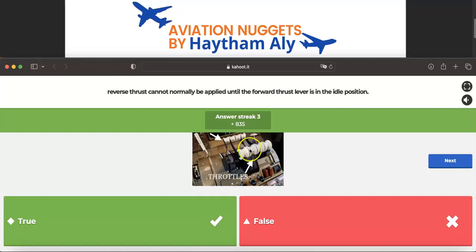Okay, so as you can see here, we can take the reverse thrust levers into the reverse thrust, but first the normal lever must be at the idle detent or idle position. So yes, this statement is true. Reverse thrust cannot normally be applied until the forward thrust lever is in the idle position.